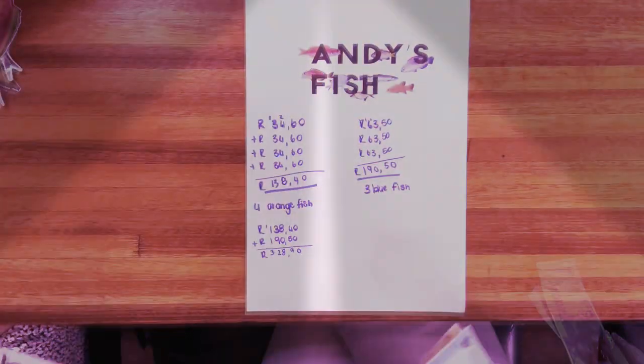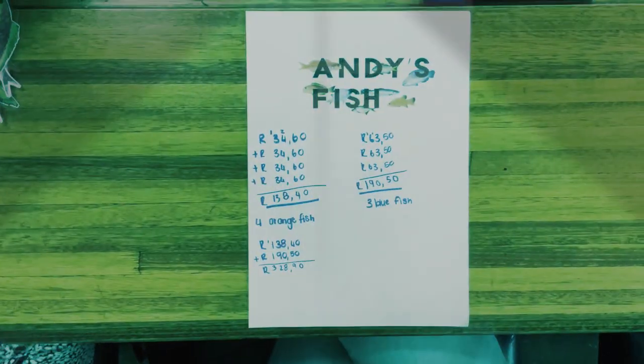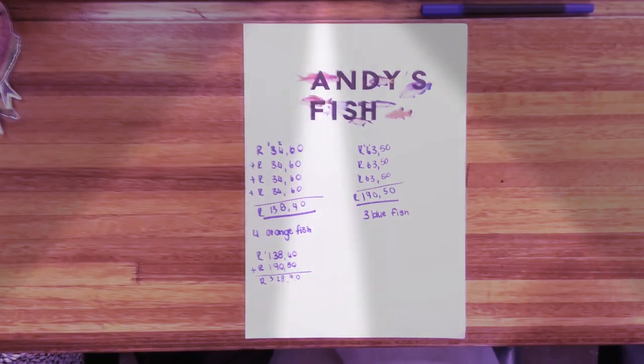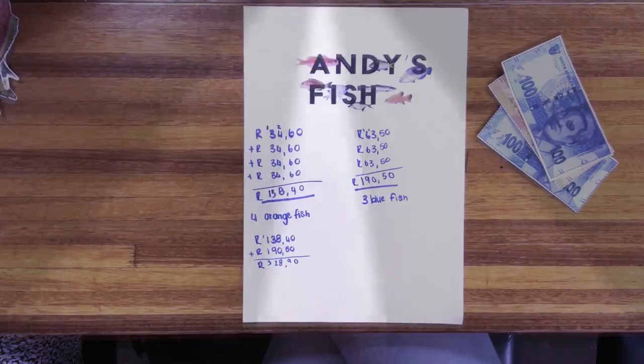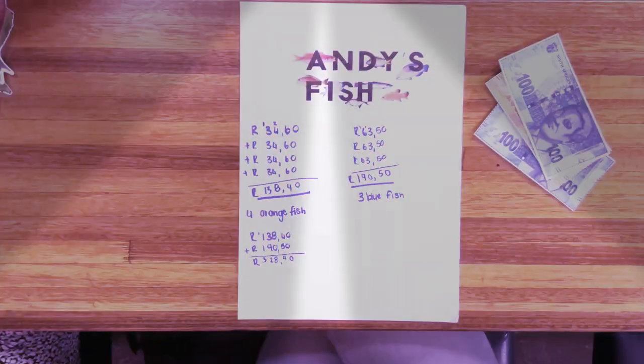So now we can work out. We have the total of how much the fish will cost, and then we're going to subtract that cost from 400 rand.